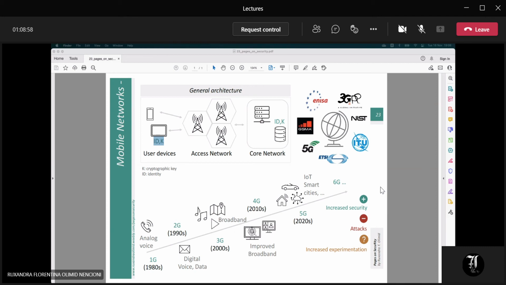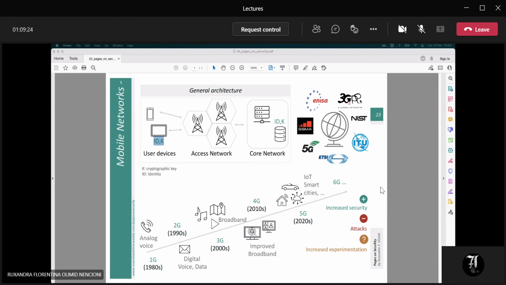If we're thinking about mobile networks, we need to think about these ones. Some are the ones doing the standards, saying how it should work. Some are the ones that are not directly involved in mobile, but somehow they can have some impact, or they have some good information. We already talked about that.